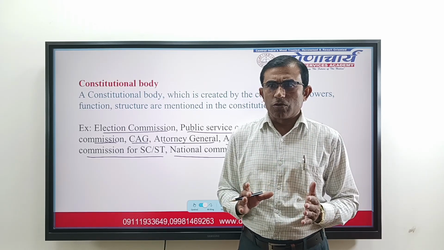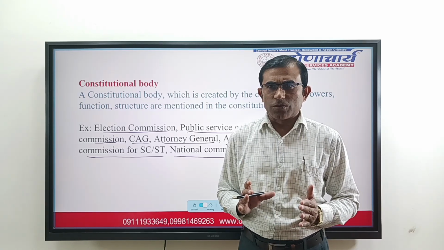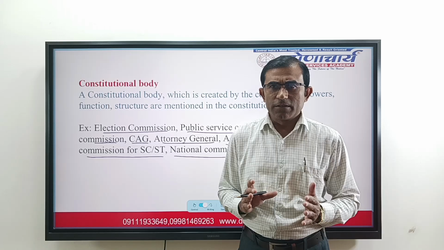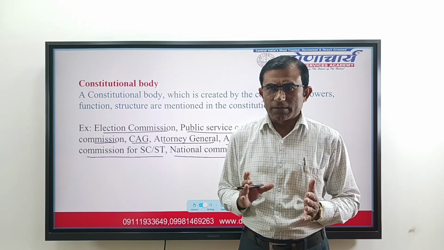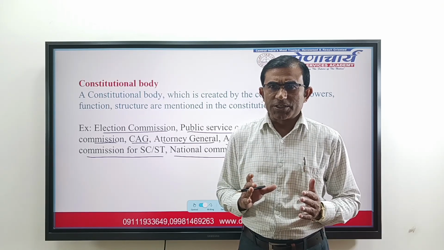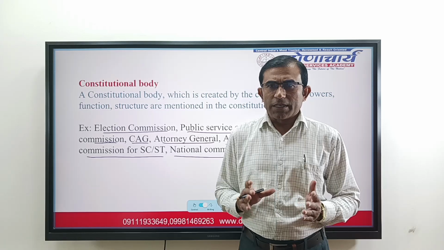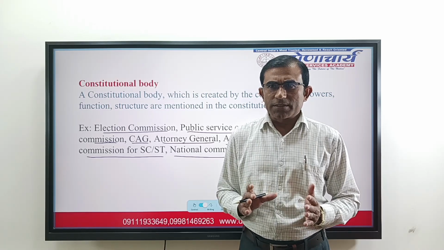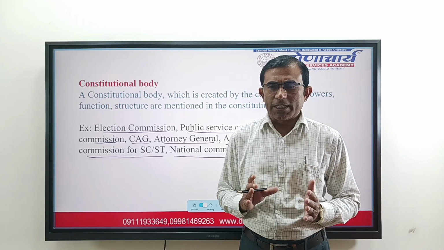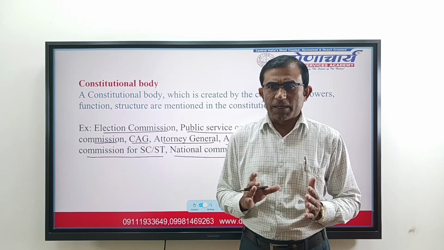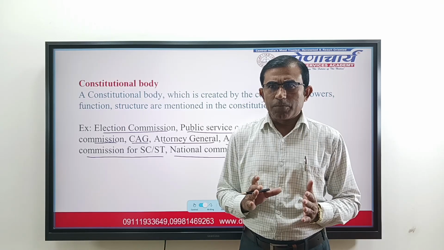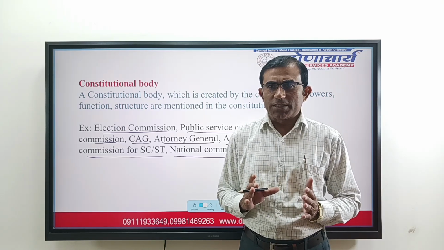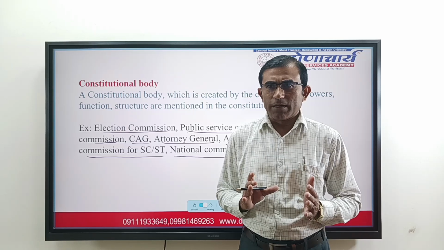These bodies also oversee the fair distribution of financial resources between the center and state through the Finance Commission, thereby supporting the federal structure. In addition, institutions like the National Commission for Scheduled Tribes and National Commission for Backward Classes help promote equality and social justice by protecting vulnerable groups.